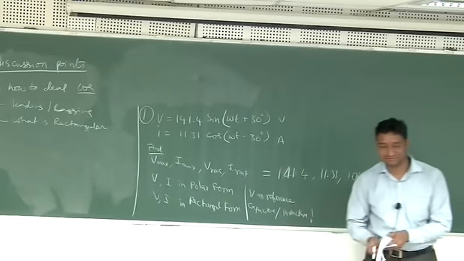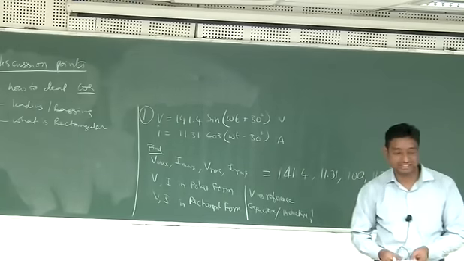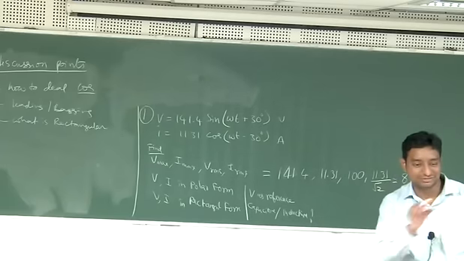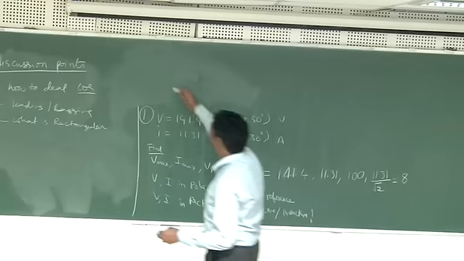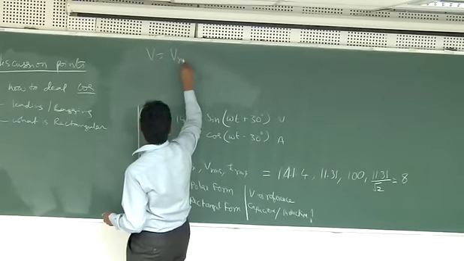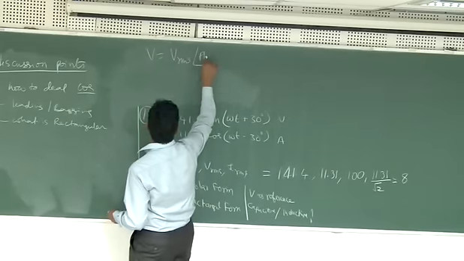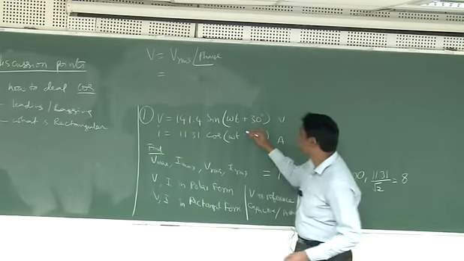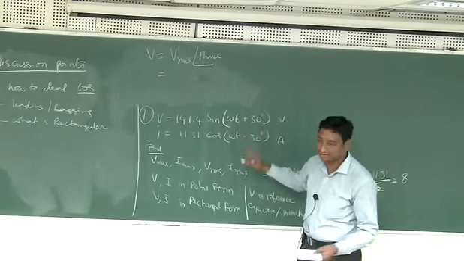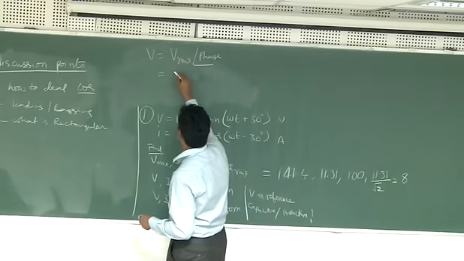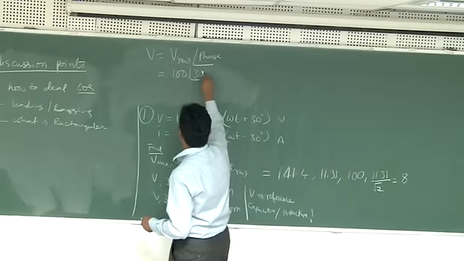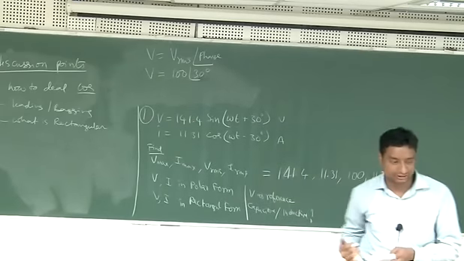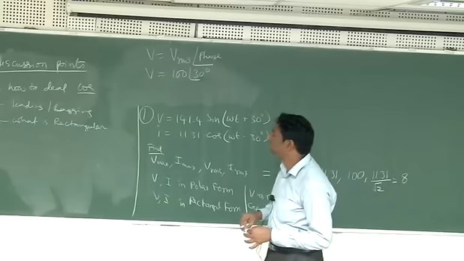So V will be V RMS and then its phase or angle. If I use 0 as reference, then this is +30 because the sine is already there, so this will be 100 at 30 degrees. This is the case where 0 is the reference. Let's keep it like that for the time being.